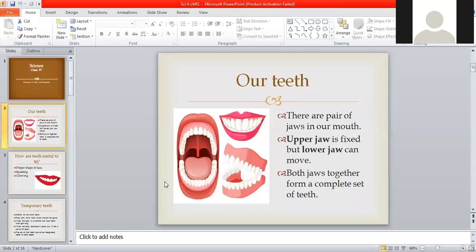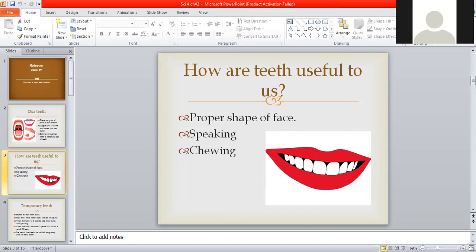So next is how they are useful to us. First, the teeth give the proper shape to our face. They help us to speak properly. When you want to say anything, the teeth are the basic thing which helps you in speaking. Then next, they help you in chewing the food.